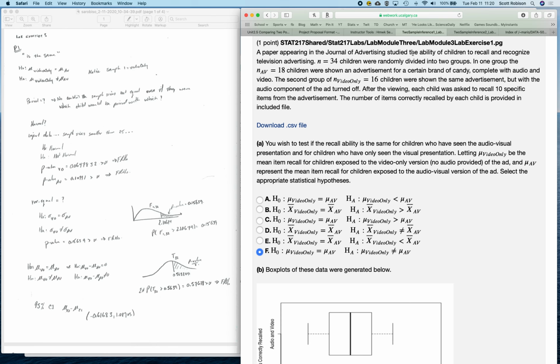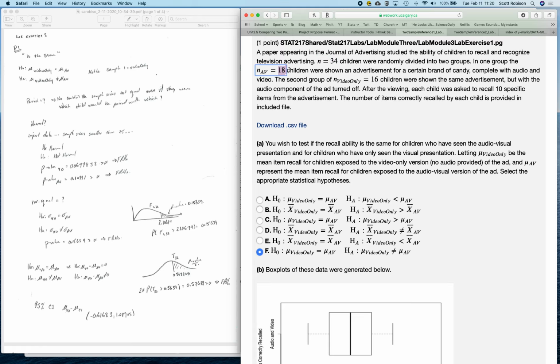Here, what they're trying to do is compare children who see television commercials, to see if they can remember the advertisement. So here, 34 children are divided into two different groups.